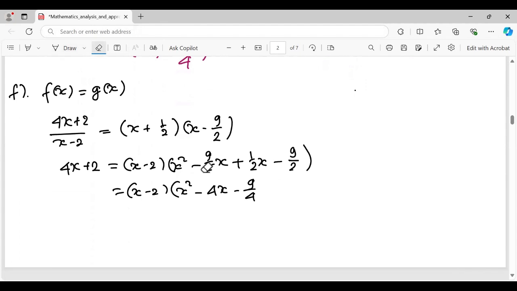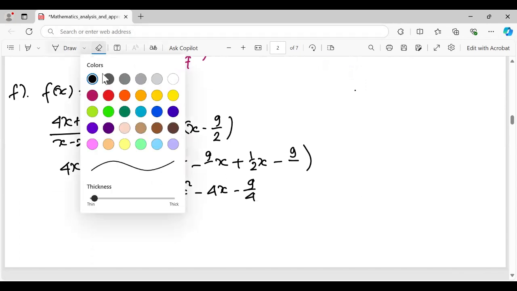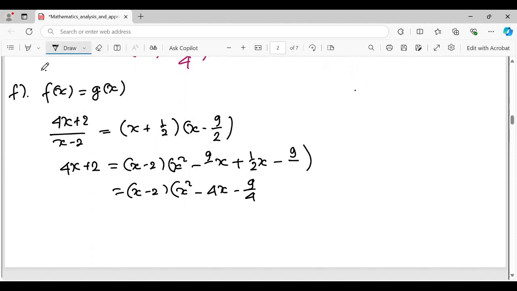Possibly this is 2, this is 2, and this is 4. Right? Okay, so it is 2 and 4, correct.